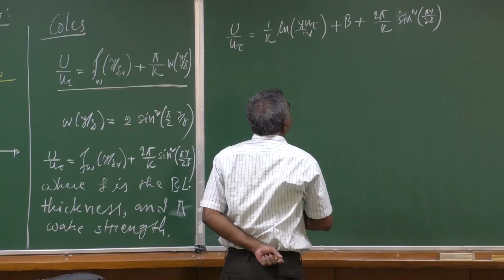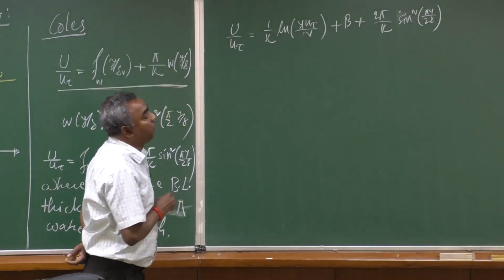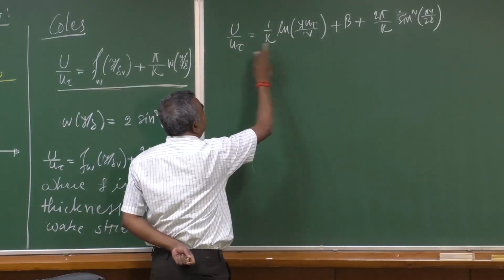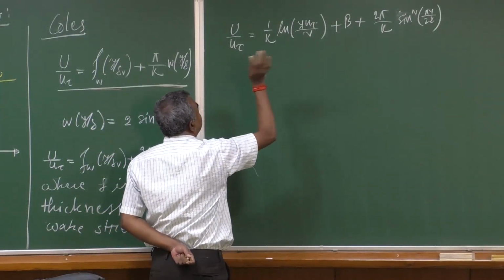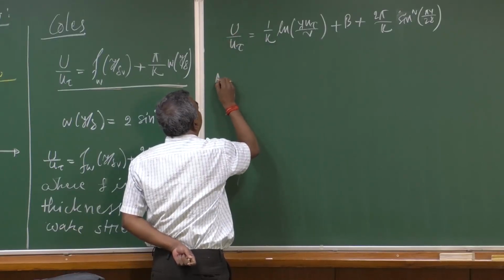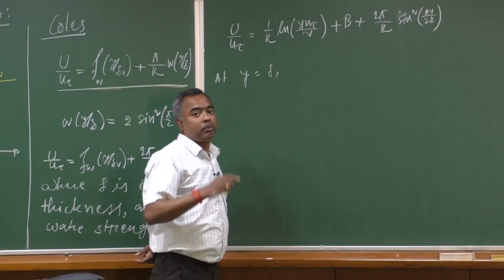So, now if you consider this particular equation in the free stream, let us approximate this equation at the free stream. So, at the free stream, this value will be u naught. So, at y equal to delta, this is an approximation, okay.